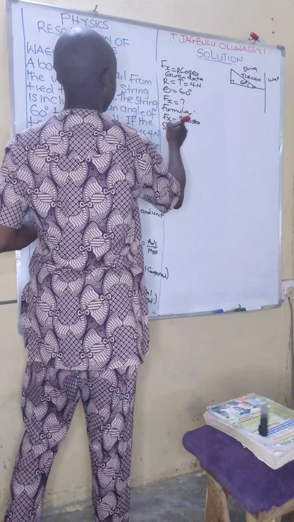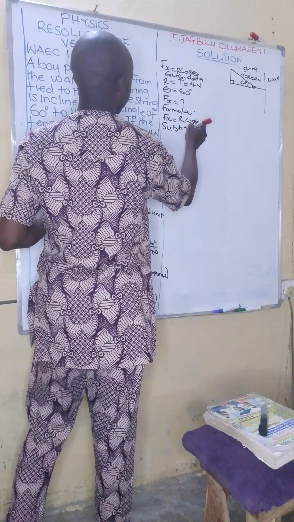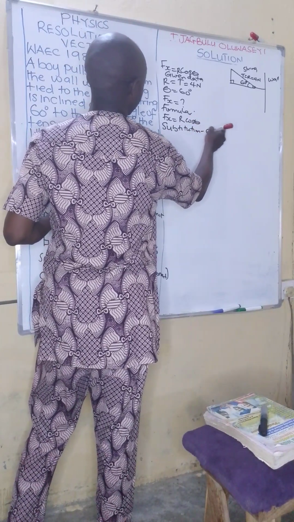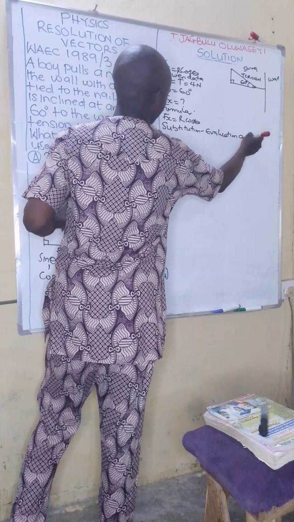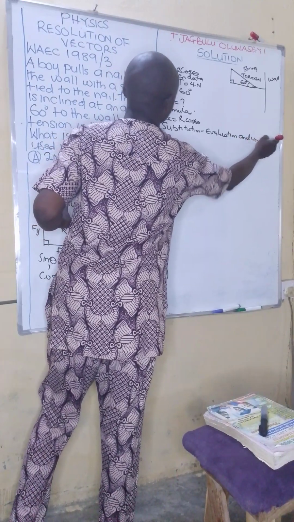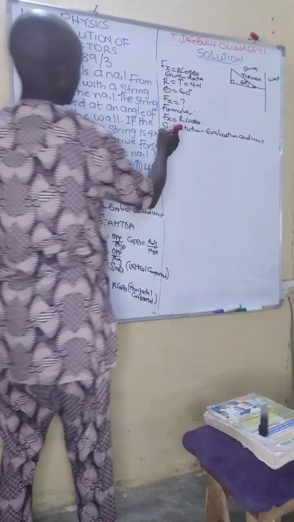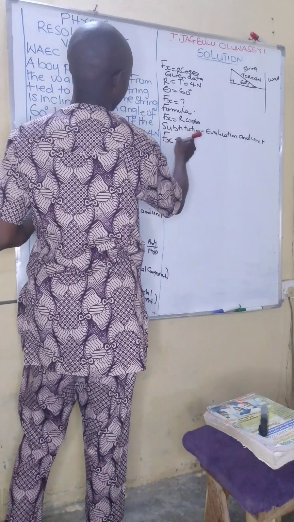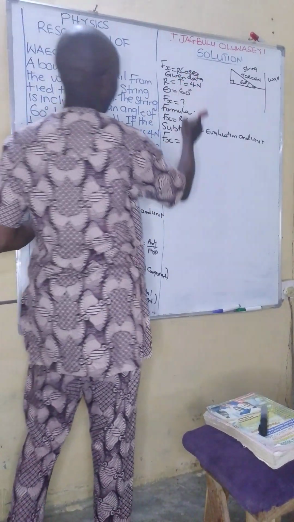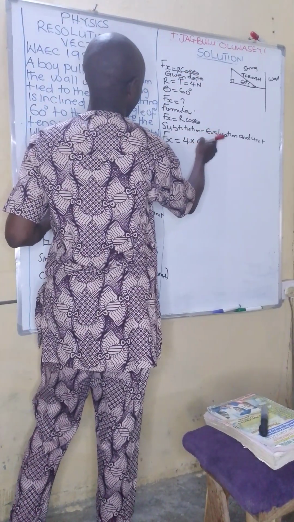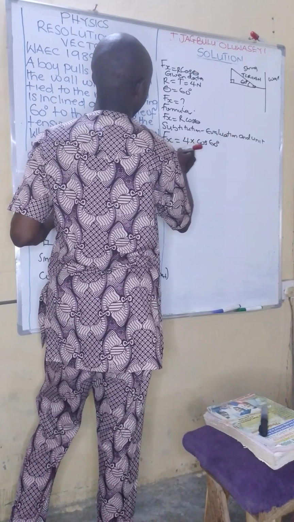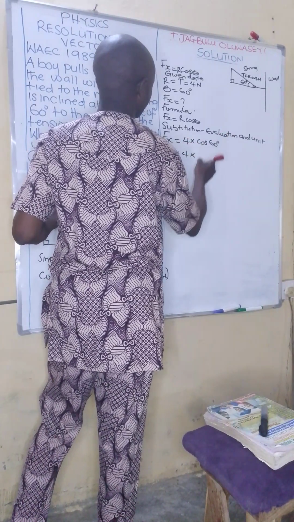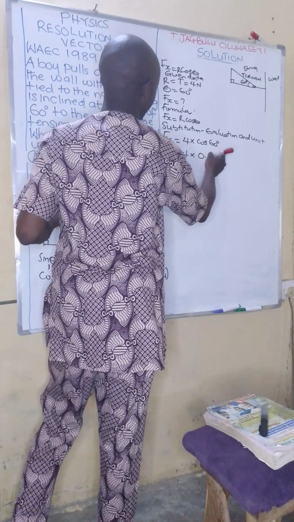Then the next is substitution, evaluation, and units. That will give us Fx is equal to R, 4 times cos 60 degrees. Fx is equal to 4 times cos 60, which is 0.5.